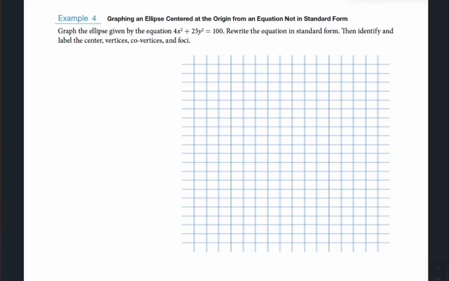So now I mentioned that our equation had to equal 1. You'll notice all those equations you wrote down earlier were equal to 1. This looks very much like what you might see for a circle equation, right? x squared plus y squared equals a number. But you'll notice how they have different coefficients. That different coefficient means that it's an ellipse.